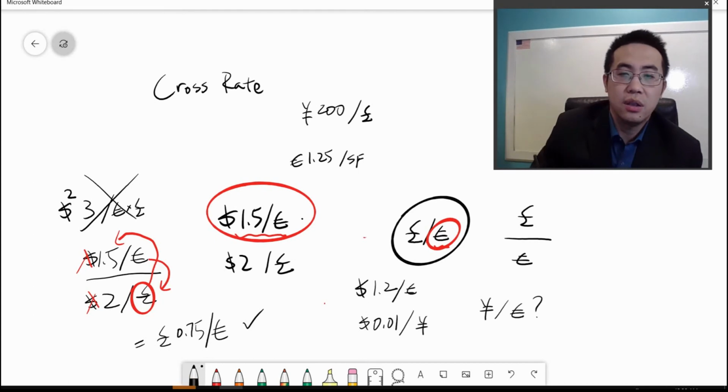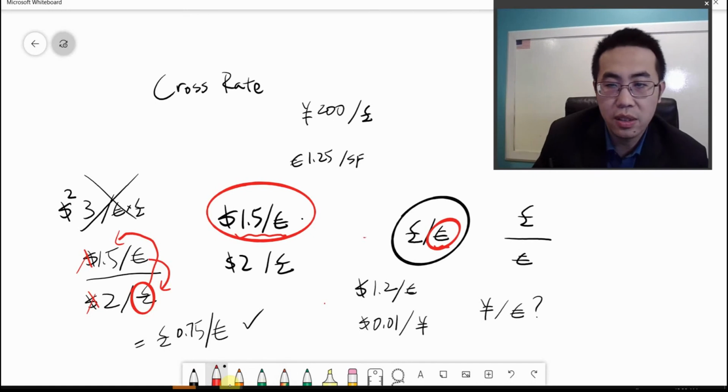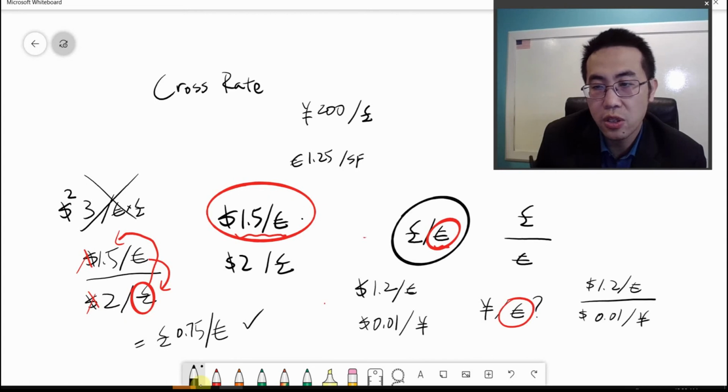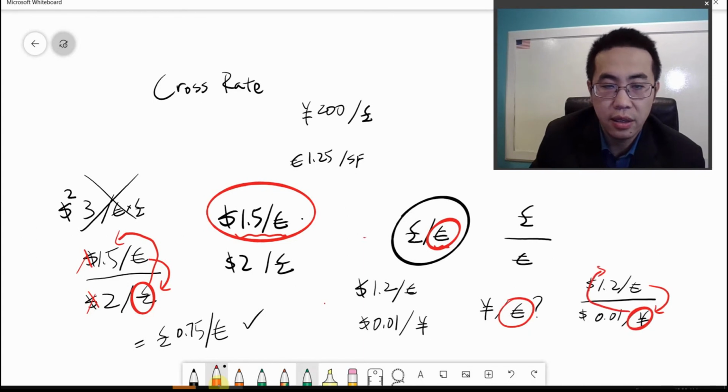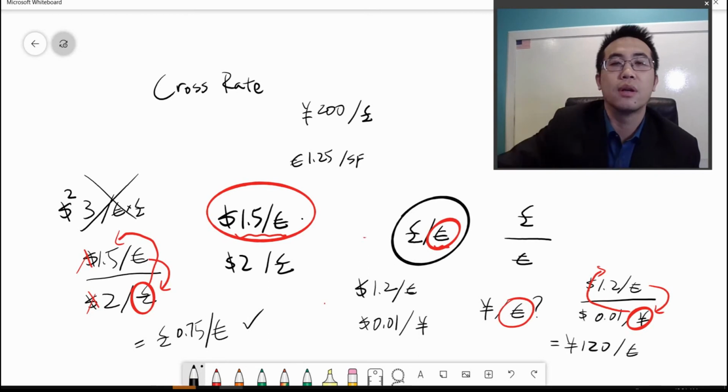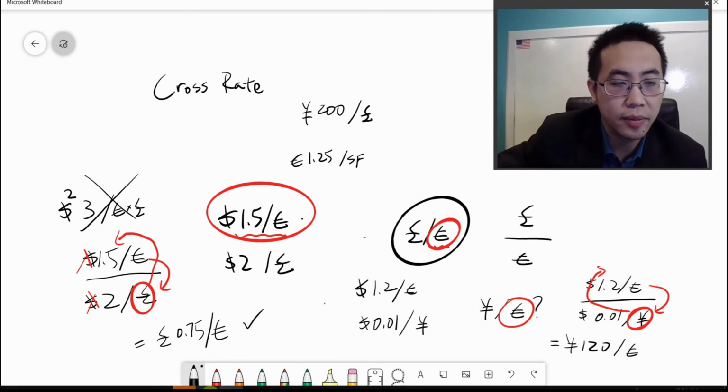As I said earlier, since the symbol to the right of the fractional line is euro, I will use the dollar price of euro on the top of the fraction line, and the other one down the bottom. As you can see, the calculation will force the euro symbol down to the bottom and the yen symbol to the top, and this will give me 120 yen per euro.